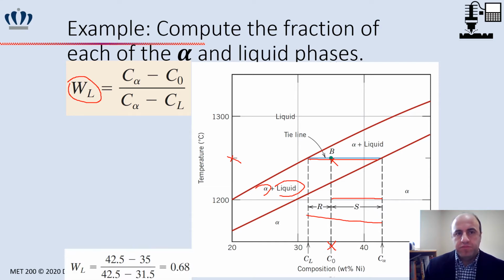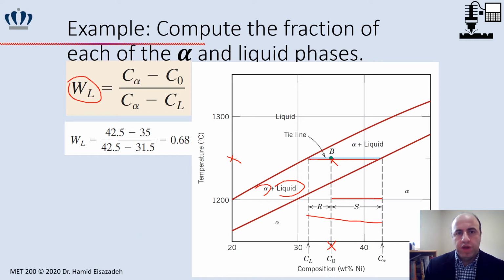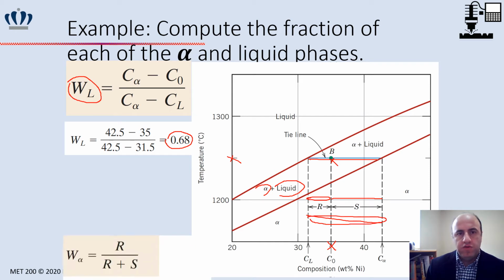Then if you do that, you can calculate the portion of liquid phase. And similarly, we can do the same for the other phase, which is alpha. We have to calculate this portion and divide it by the total length, which is this equation.